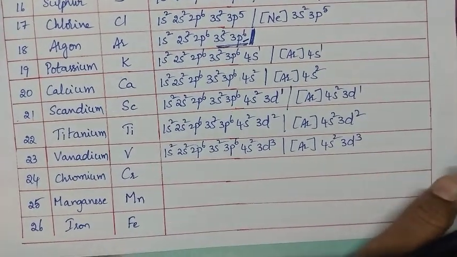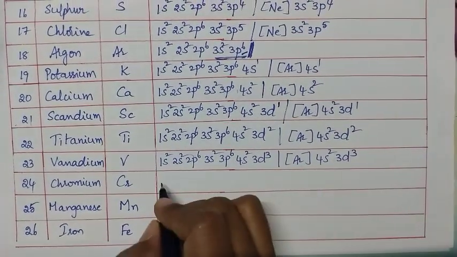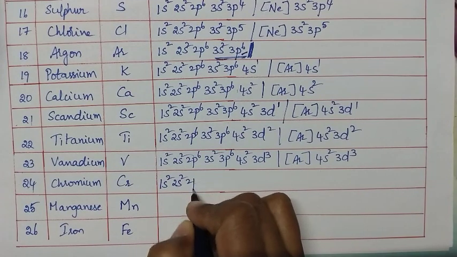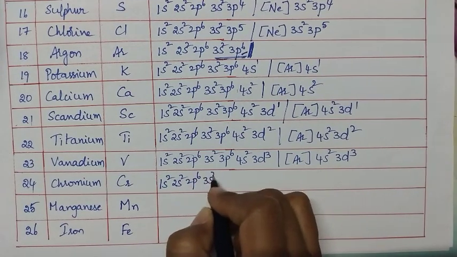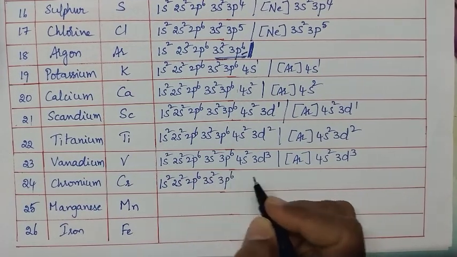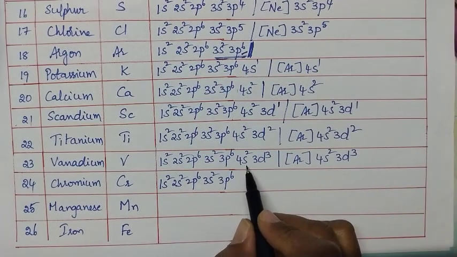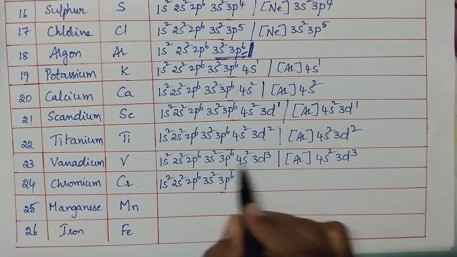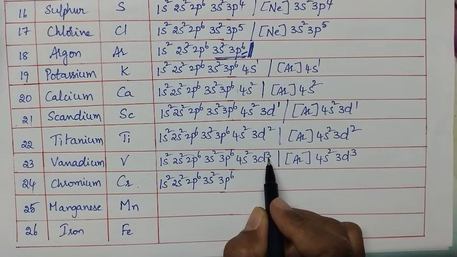And coming to the chromium, the configuration of chromium is 1s2, 2s2, 2p6, 3s2, 3p6. And here you just try to write the configuration of chromium. From vanadium, vanadium is having 3d3 configuration.